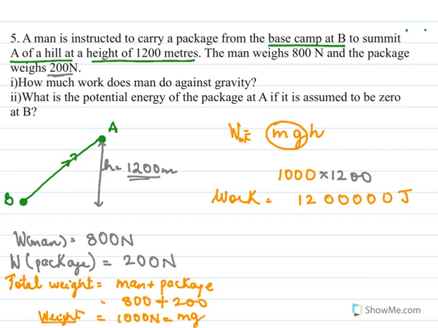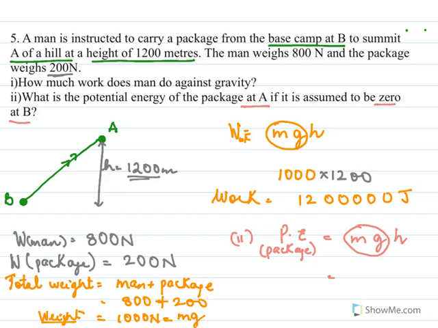Now for the second part of the sum, what is the potential energy of package A if it is assumed to be 0 at B? So potential energy formula mgh. Now we are calculating only of the package, not of the men.